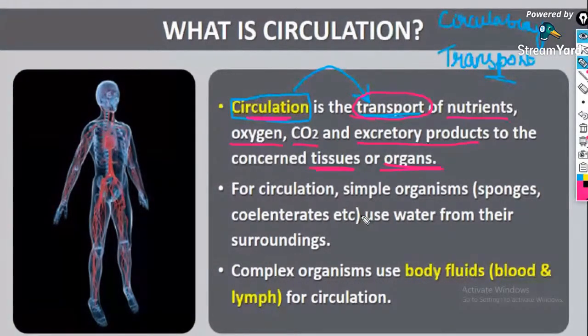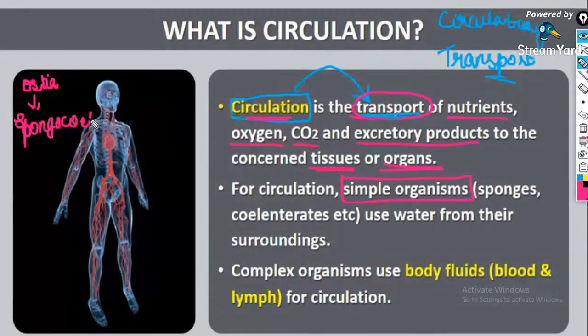For circulation in simple organisms in the animal kingdom, in Porifera you have openings called ostia, then the spongocoel, and the osculum.